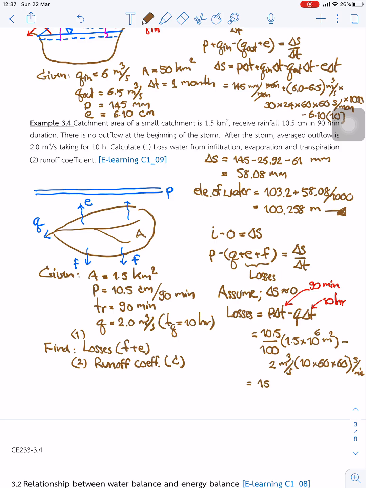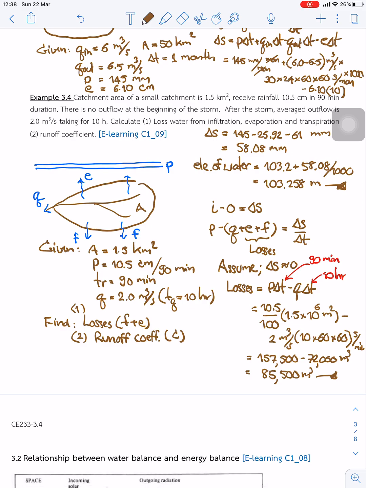For the rainfall, it's about 157,000. Subtract 22,000. The unit is now cubic meter. So we got the solution for the loss, 85,000. And for the runoff coefficient, this is the runoff 22,000 divided by the rainfall volume.